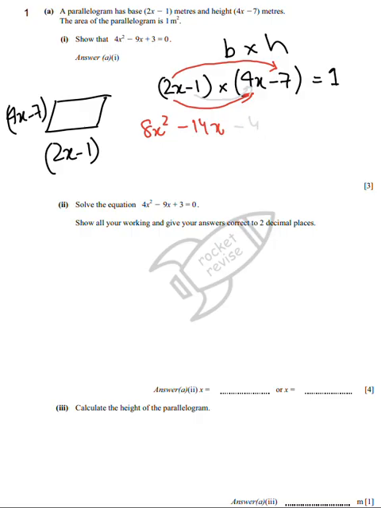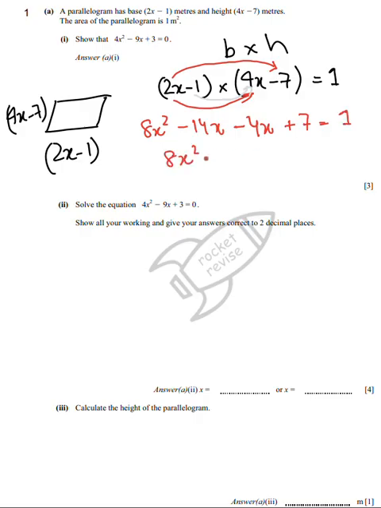Minus 4x. Okay, wait, let me just use another pen for this. Minus 4x. And what's minus 1 multiplied by minus 7? Positive 7. This equals what? Equals 1, right? Okay.